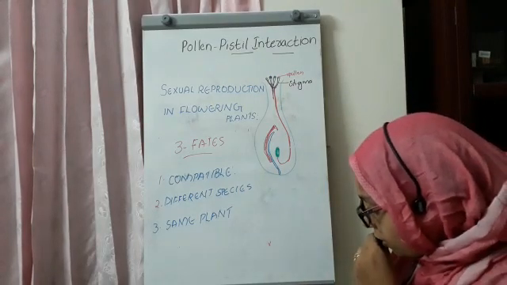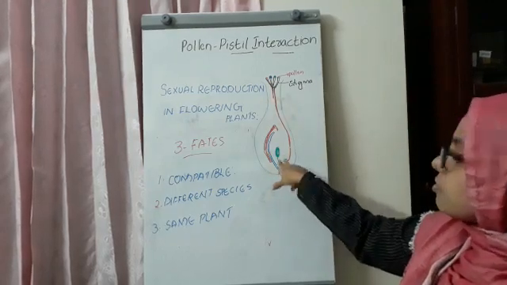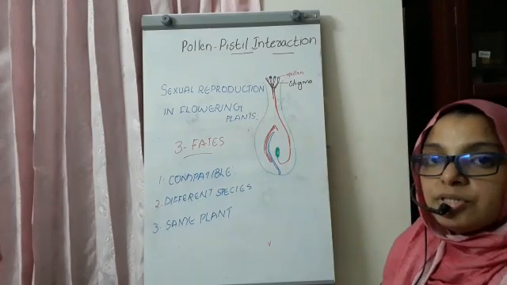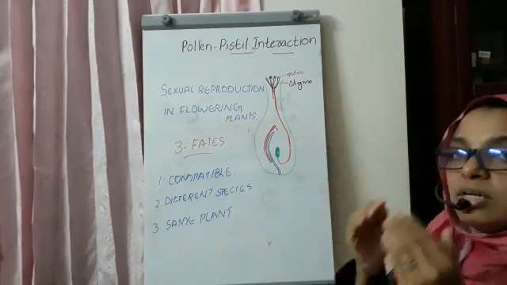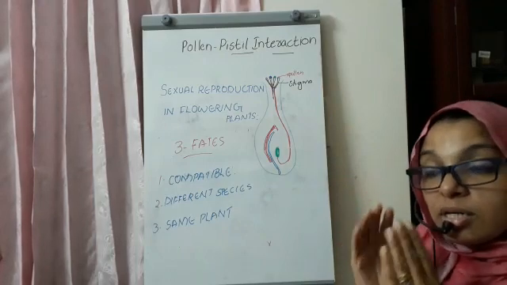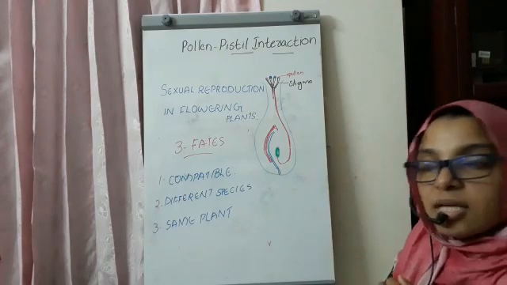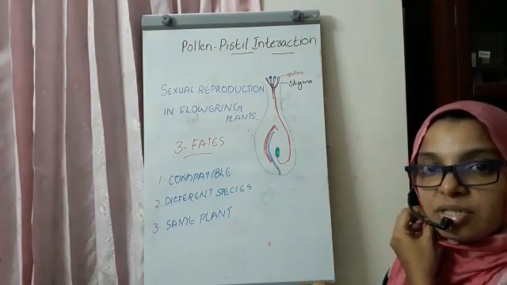Then the pistil, the female portion of the flower, also has the ability to recognize the right pollen. That is, if the pollen is compatible, the pistil recognizes that pollen and this leads to the fertilization events.